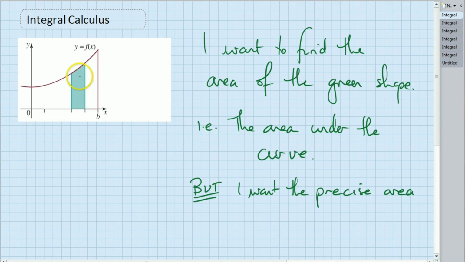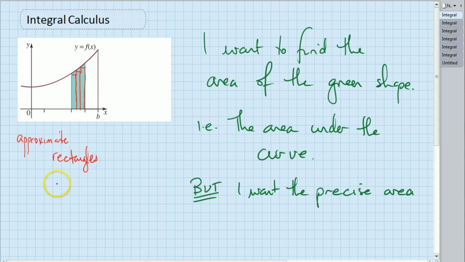Now, we've had a couple of looks at how we might approximate this area, and one of those might be, for example, to use the lower rectangles.